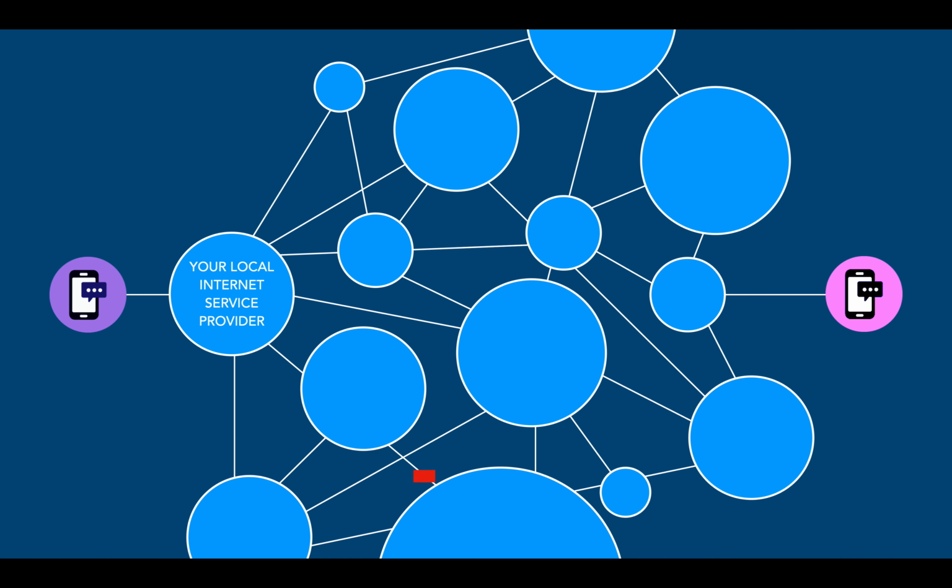From there, it will go across the world through a variety of different computers called routers. They will continuously check and make sure the packet is correct and pass it on to the next nearest location, eventually appearing on the receiver's device. This is happening millions of times a second, with packets being sent all across the world.